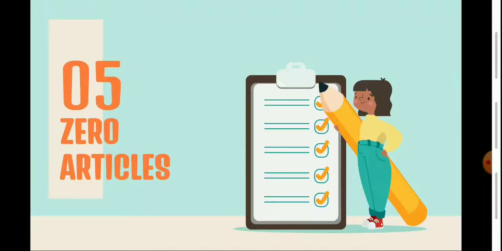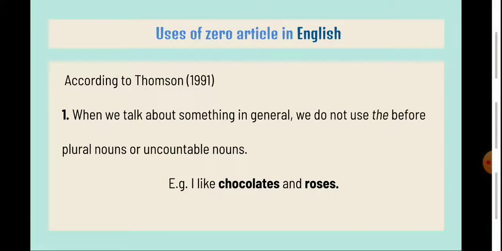Zero articles. When do we use them? In English, we do not use articles when we want to talk about something in general. We do not use the article before plural nouns or uncountable nouns, such as I like chocolates and roses.